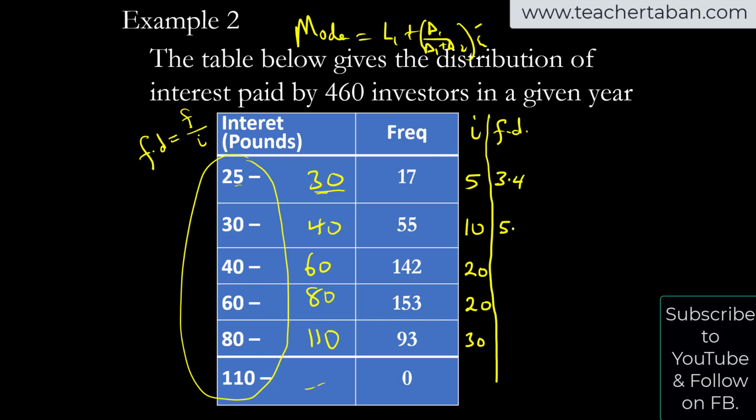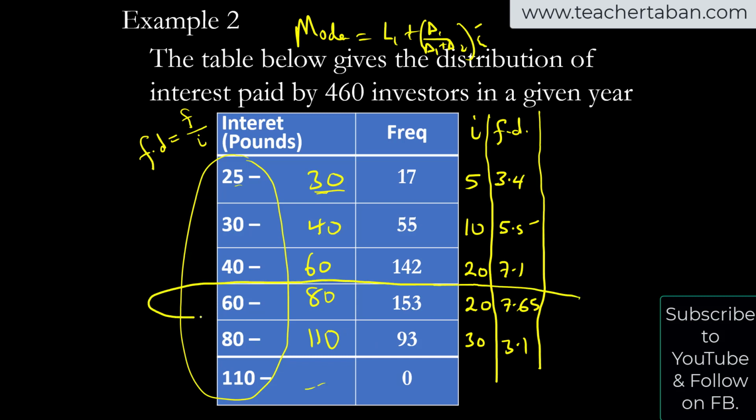Here 5.5. 142 divided by 20, I'll get 7.1, 7.6, this is 6.5, and here I'll get 3.1.